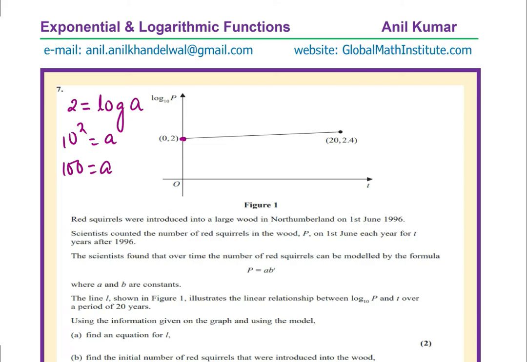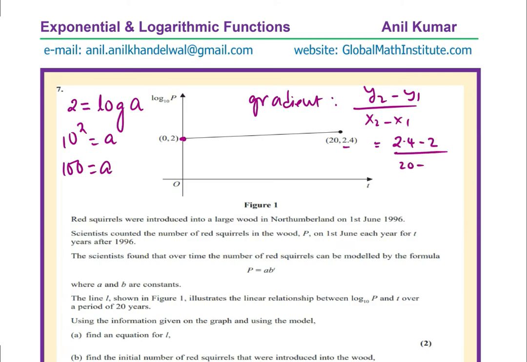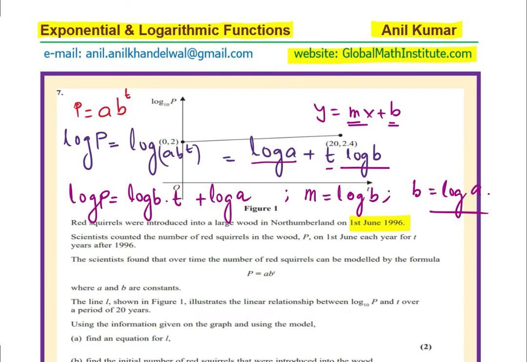Now, we can also find the gradient. Gradient is basically y2 minus y1 over x2 minus x1. And from here, we can take up the values, which is 2.4 minus 2 over 20 minus 0. So that is the gradient. And gradient we figured out just now as log of b.